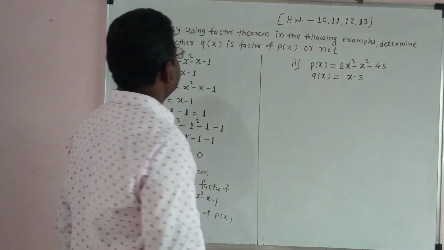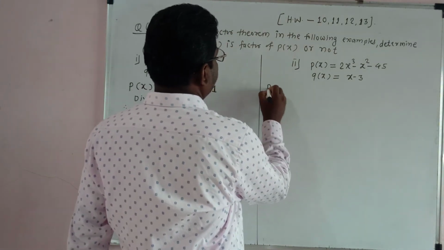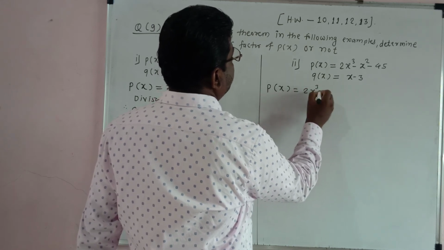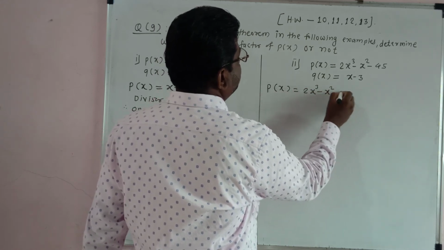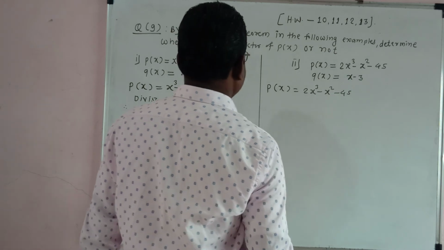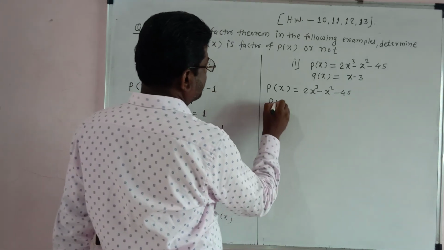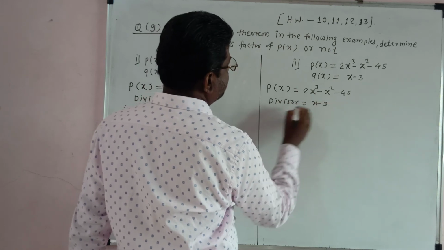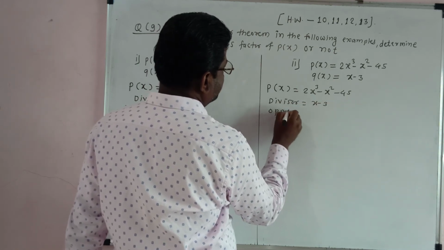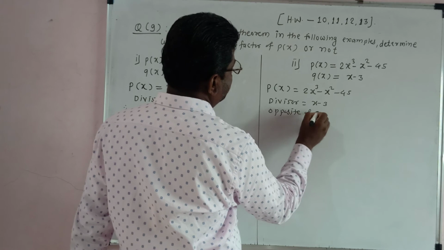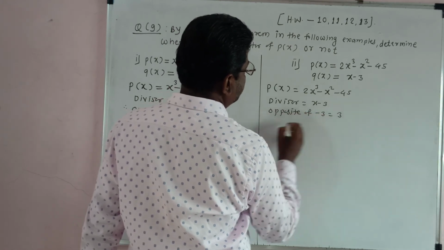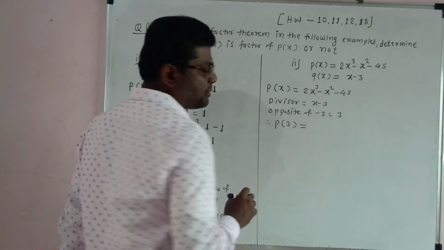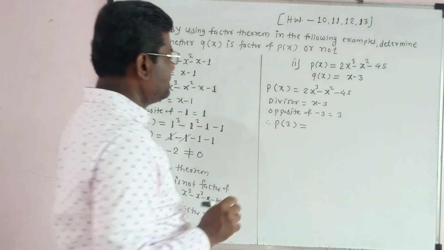Now the next example, we have given p(x) = 2x³ - x² - 45, and q(x) is the divisor. So the divisor is x - 3. The opposite of -3 is 3. Therefore we find p(3), that is put x = 3.